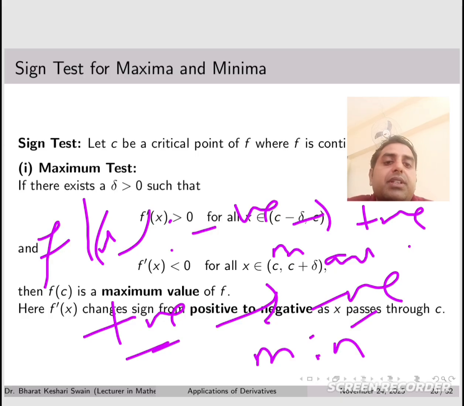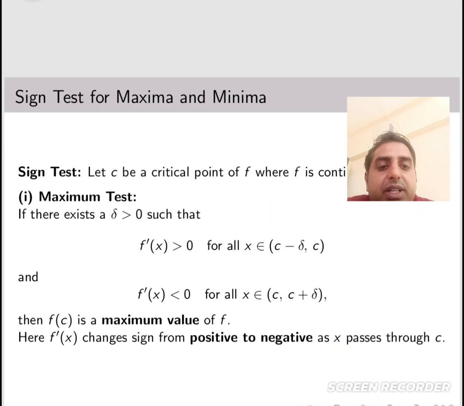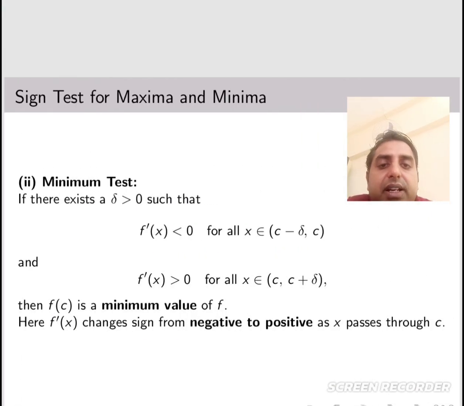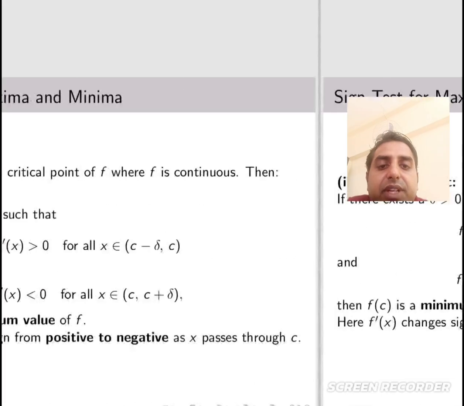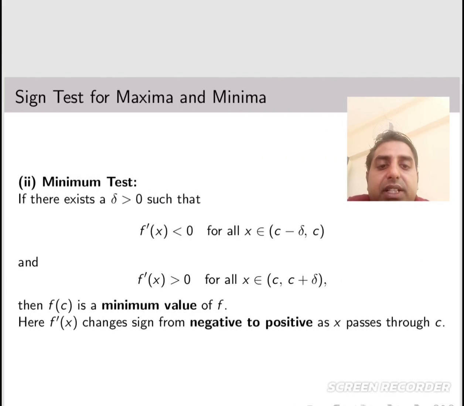Next, coming to the slide, this is your maximum test, positive to negative is maximum, and negative to positive is your minimum.